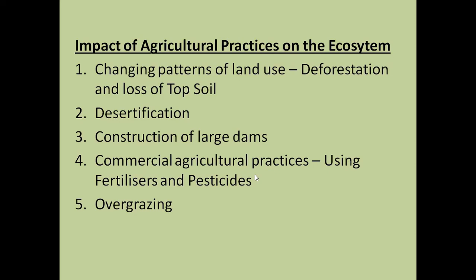So for agricultural activities, we need a huge amount of land. We need a vast area. So for that, we have cut down many trees. The cutting down of the trees leads to deforestation.